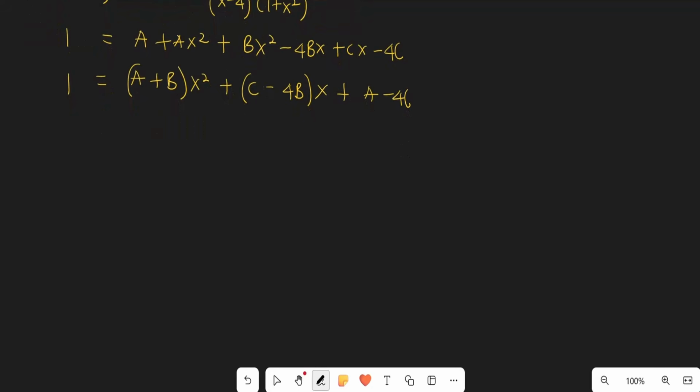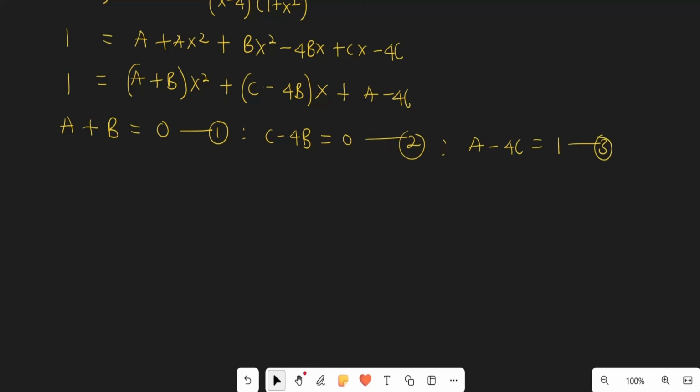Now we can compare both sides. That is going to be, so the coefficient of x squared, a plus b on the right hand side, equals 0. This is equation 1. There is no x squared term on the left hand side. C minus 4b, the coefficient of x on the right hand side, is 0 as well. The coefficient of x on the left hand side is 0, and the constant term a minus 4c on the right hand side equals 1, the constant term on the left.